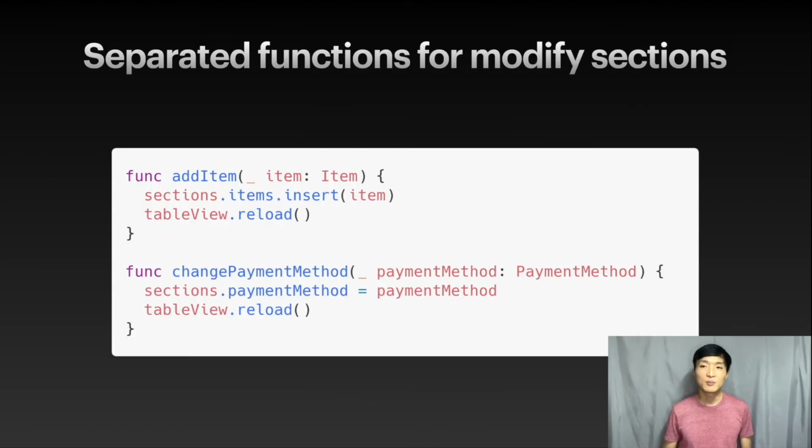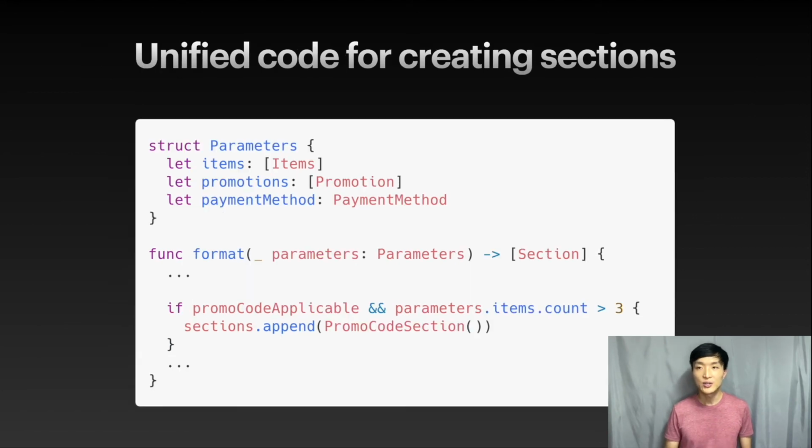Rather than implement multiple functions updating part of the section, we can write one single function generating sections object from the same set of parameters, even if it's not changed. Benefit from this approach is that we can prevent bugs when two parameters or states are affecting each other subtly.